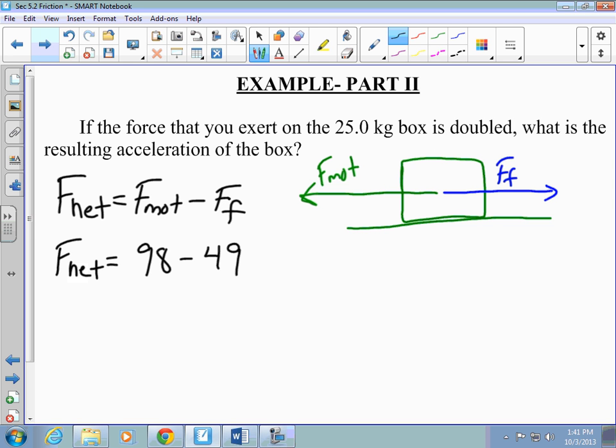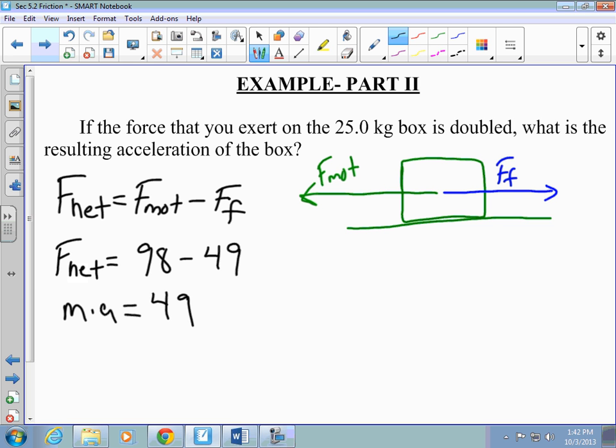So now we have F of net is equal to 98 minus 49. Well, we know F of net is equal to mass times acceleration. And we know that 98 minus 49 is 49. So we have mass times acceleration is equal to 49. And we can go ahead and solve for acceleration. Now that we're overcoming friction, we have acceleration.